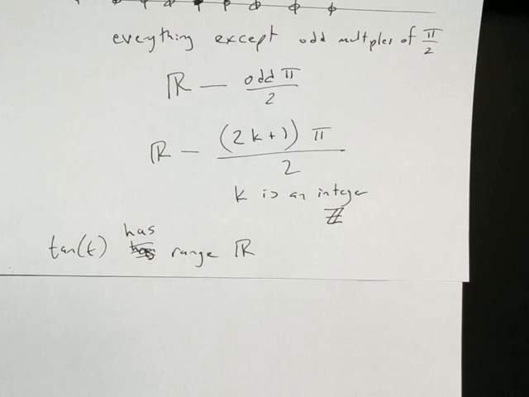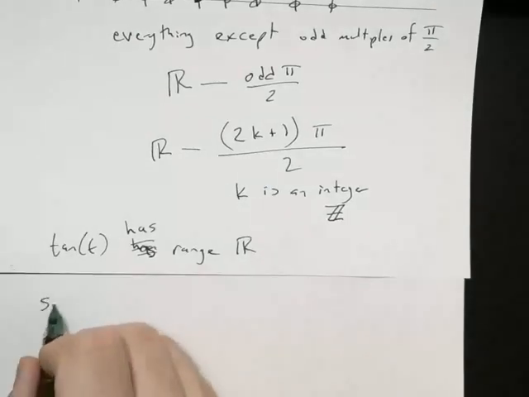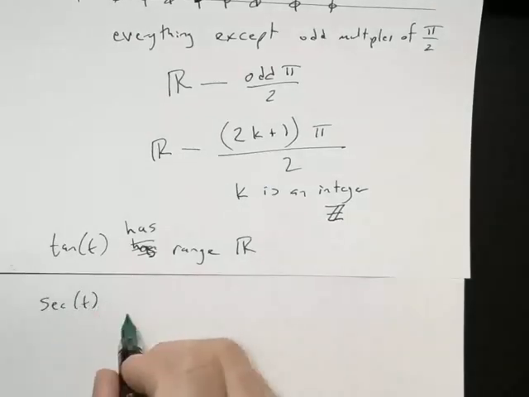And that was because it's y over x, right? But secant is 1 over x. And cosine was always between -1 and 1.